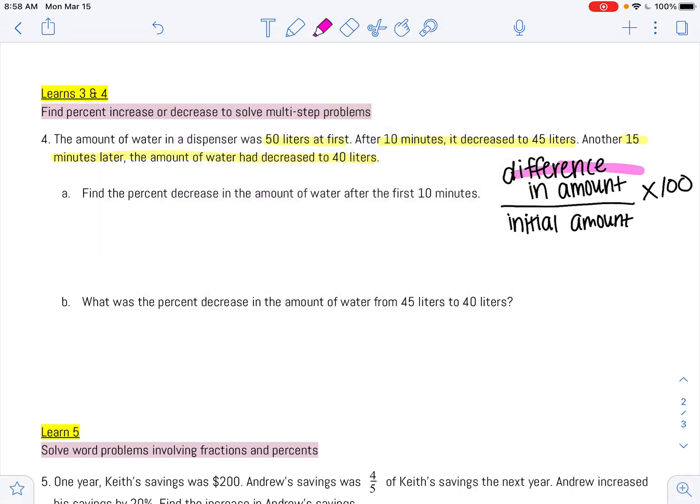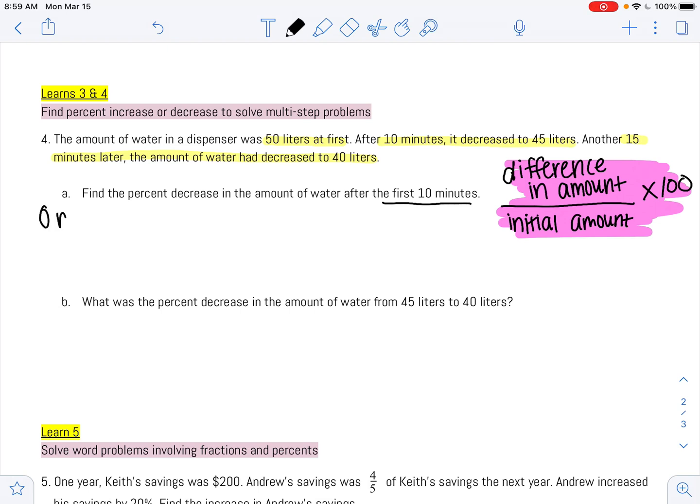So anytime you're finding a percent change, finding the percent, we're taking the difference in amount divided by the initial times 100. So for part A, we're focusing on the initial to the first 10 minutes.